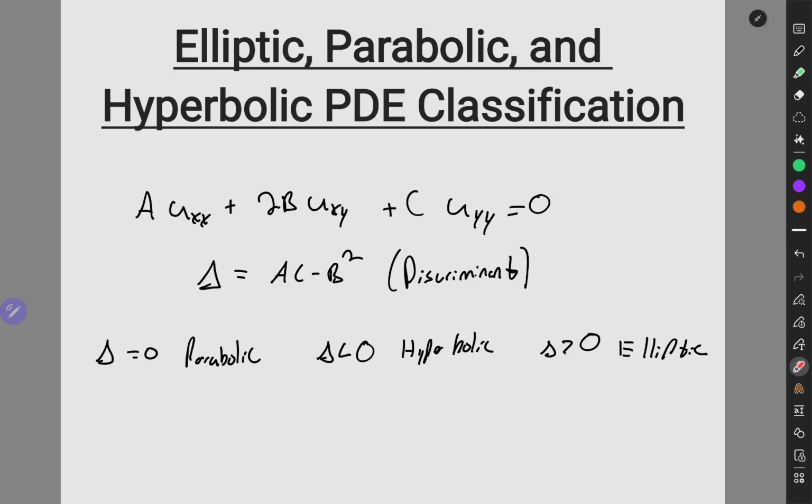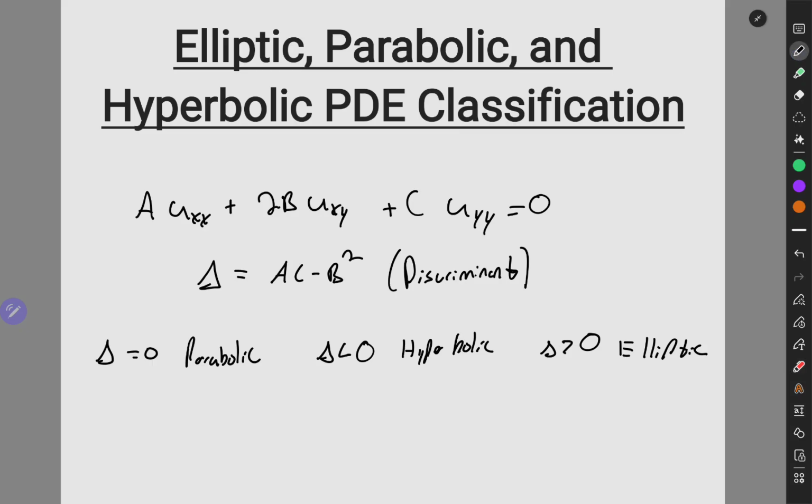Now you might see this defined differently than what I have here. It varies depending on who your instructor is, where you find it, the textbook. It can be just all A, B, C, no 2 in there. This could be B squared minus 4AC. I think I've seen it like that. It just depends.